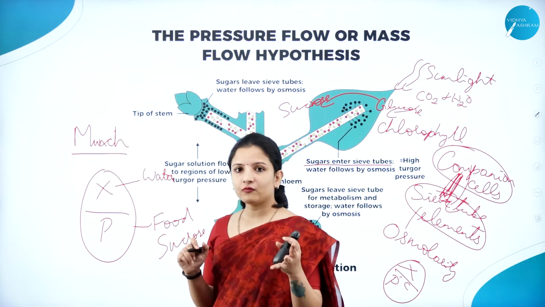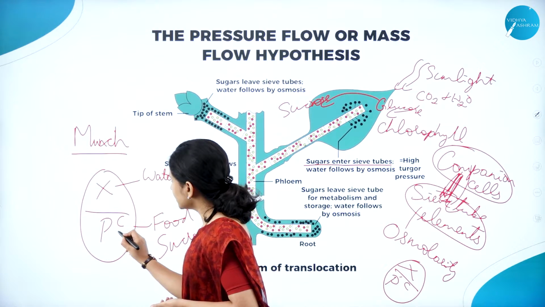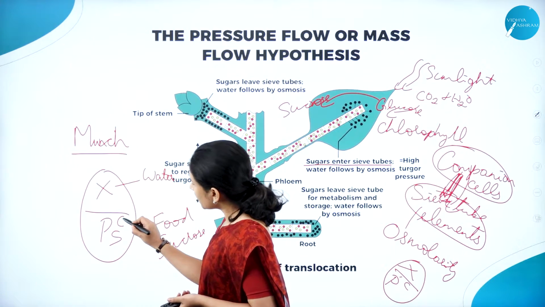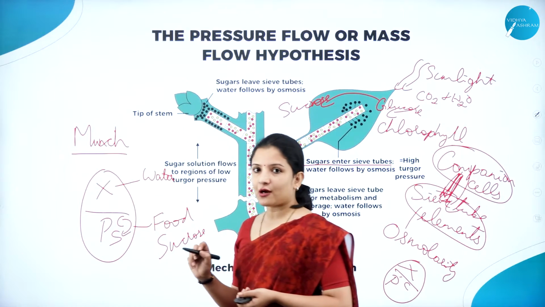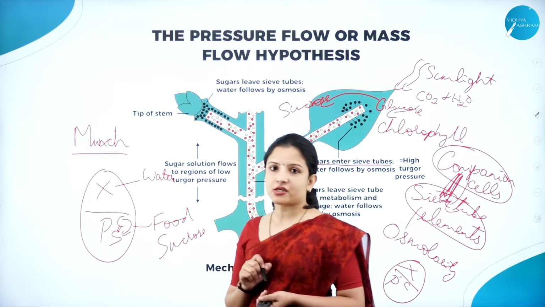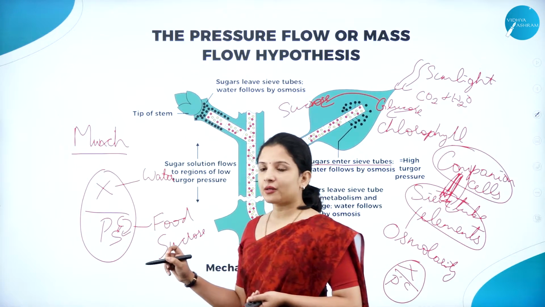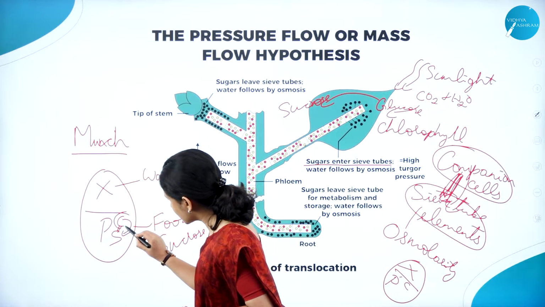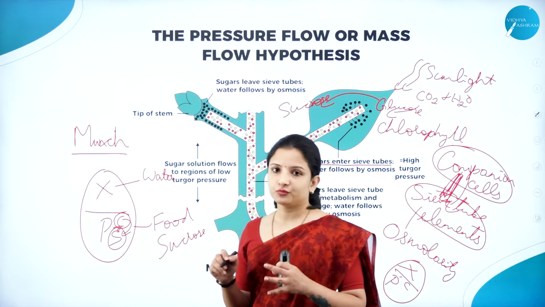So in phloem, what all are there? Companion cells are there. Then there are the sieve tube elements. From the companion cells, the food is traveling through the sieve tube elements. How do they travel? They travel through a plasmodesmatal connection between the two, right? It is traveling from a region of higher concentration, from the companion cells of the phloem, to the sieve tube elements of the phloem.